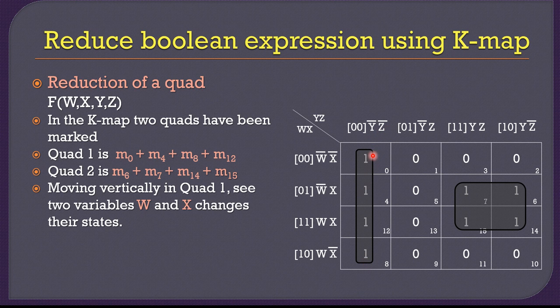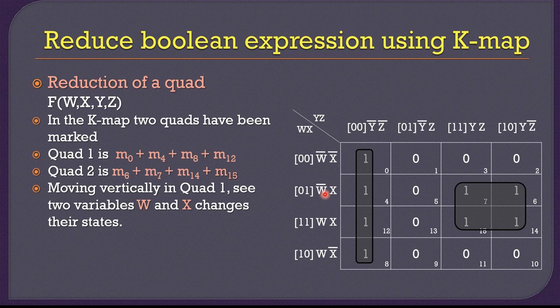For all four boxes, y' and z' will be the same. But when you see the rows, w' x' in the first row has changed to w' x. That means x' has changed its state to x, so you can remove this variable x.